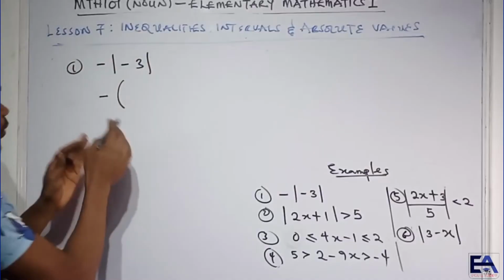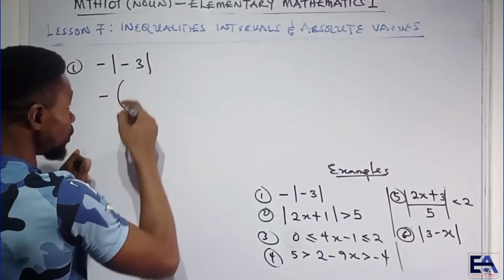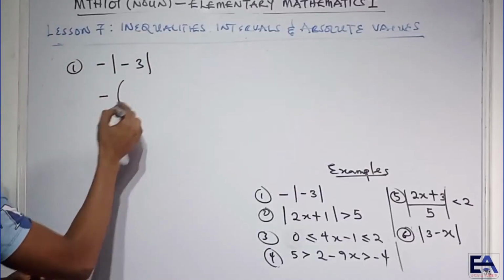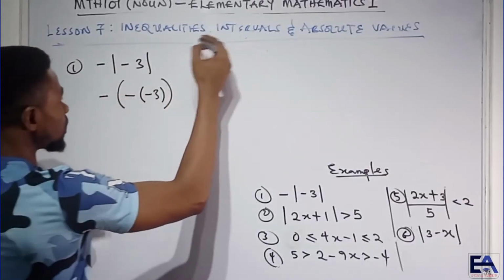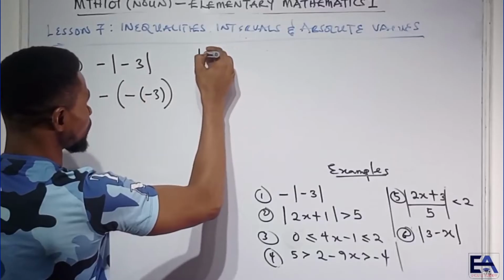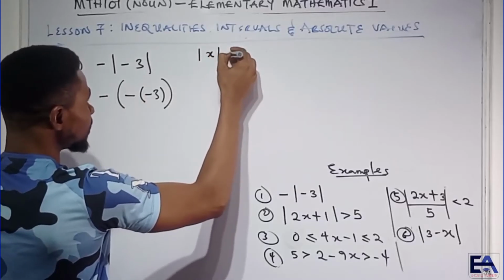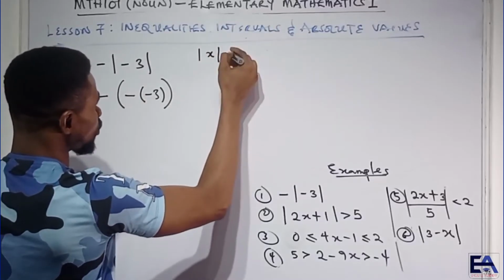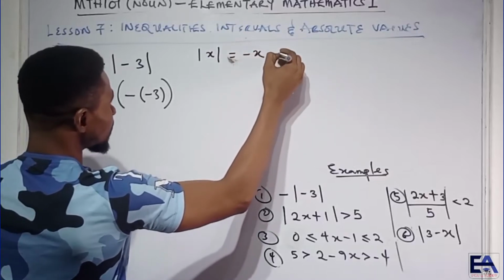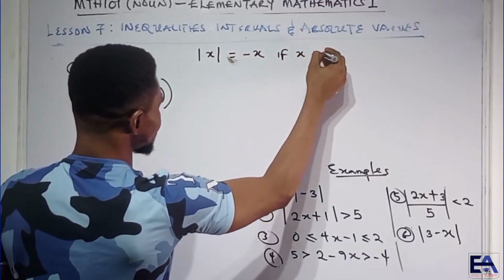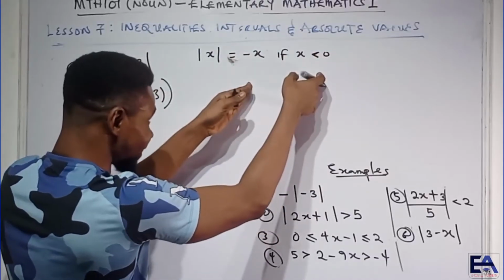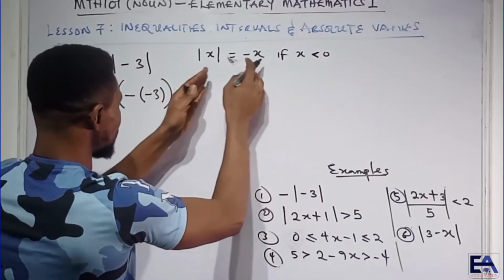So the absolute value of minus 3, as the rule implies, is going to be equal to minus of minus 3. Because the rule says the absolute value of x is equal to minus x if x is less than 0, which means if x is negative, then the absolute value of x is going to be minus x.